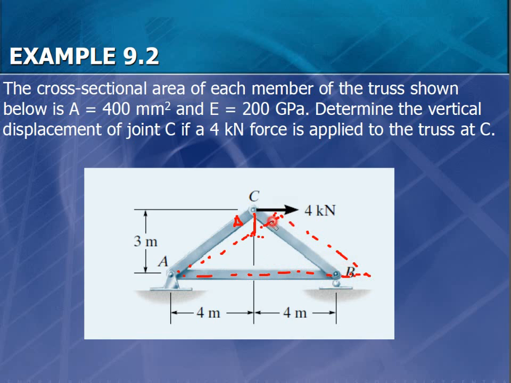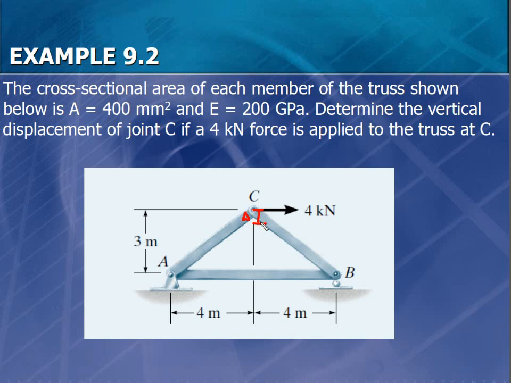This is what we call the vertical. For ease of explanation, I assume that we are going to calculate how much this C is going to come down, the deflection in the vertical. It will be something small. I'm exaggerating it for explanation.